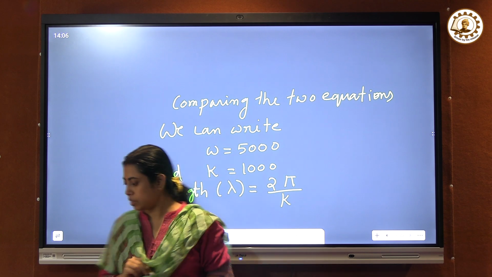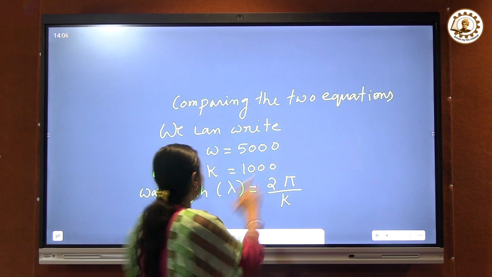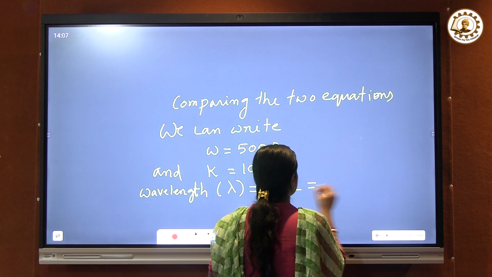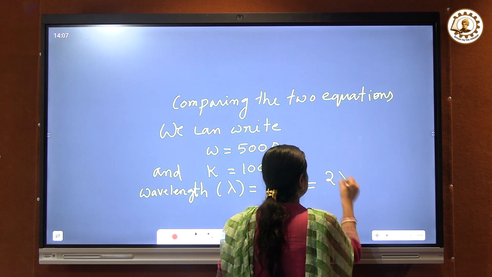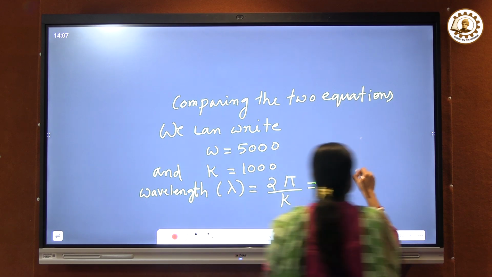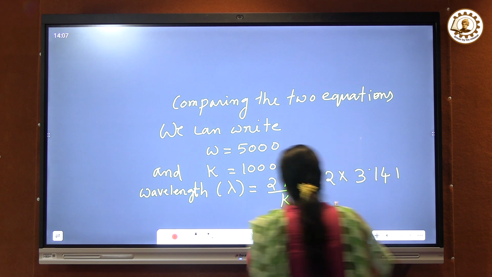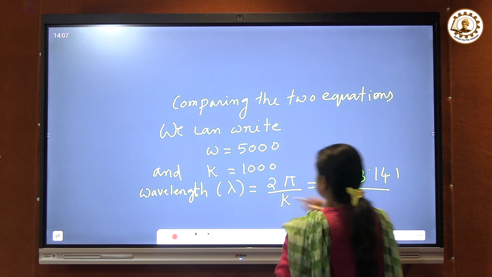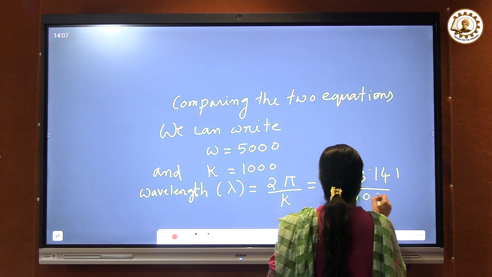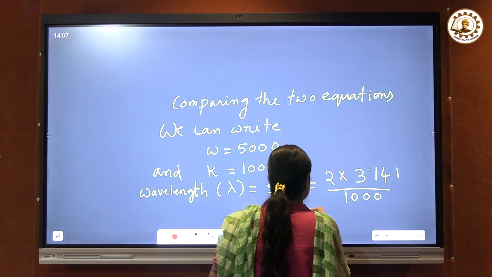So 2 pi by k is your wavelength, and we can calculate it from here: 2 into, for pi we can consider 3.141, and for k, 1000. It will be in SI unit.